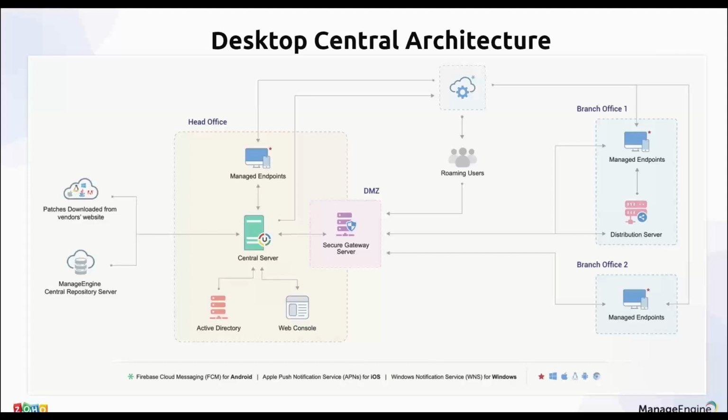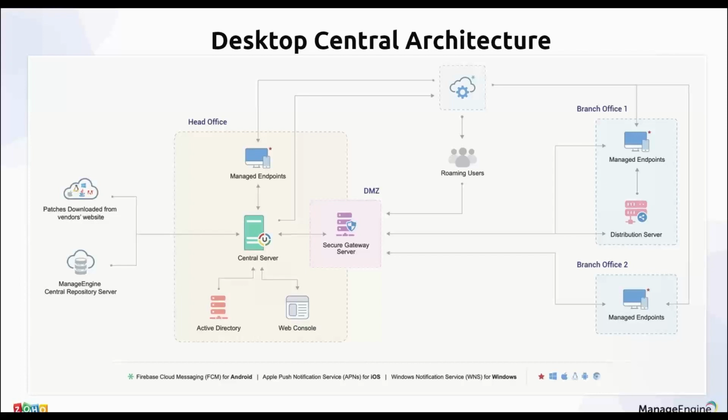And if computers are in other offices, let's say you have more than 10 or 20 computers in an office, and they're all using the internet to download the patches and the software from the Desktop Central server, in such cases they'll be using a lot of internet bandwidth. To minimize the bandwidth consumption, we have something called a distribution server.